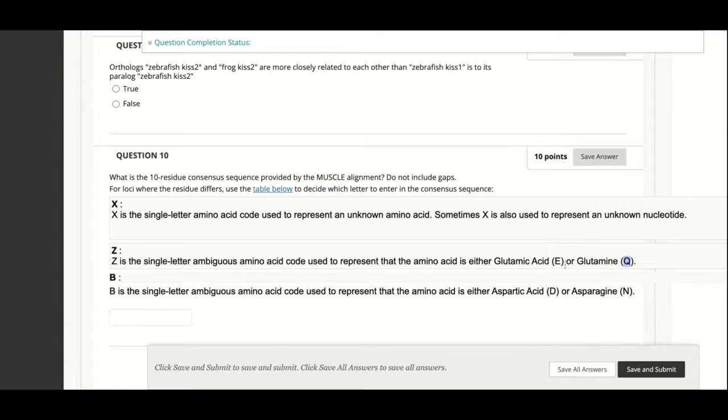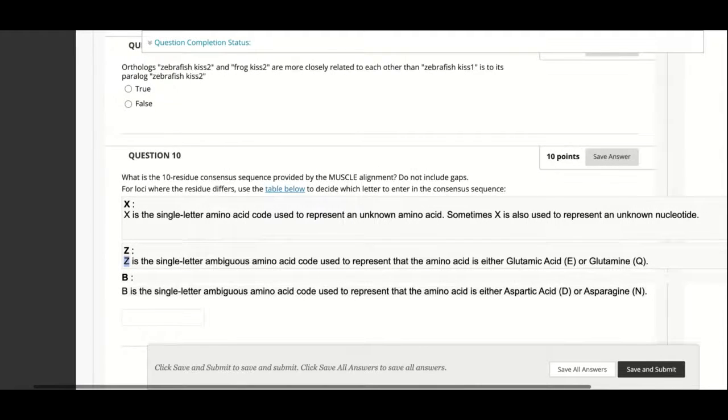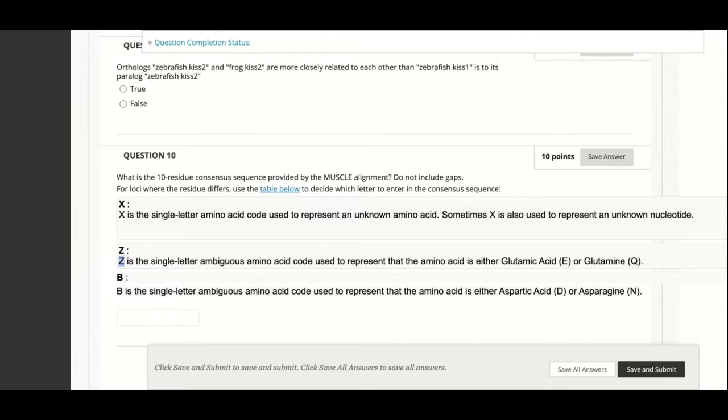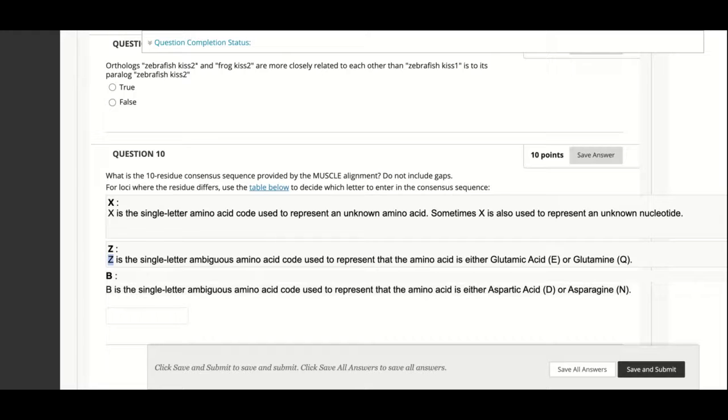The answer is no, don't do either E or Q, write Z instead. And you don't have to memorize this. Mainly this question is to show you how we look at consensus. How do we find a consensus sequence in an alignment?